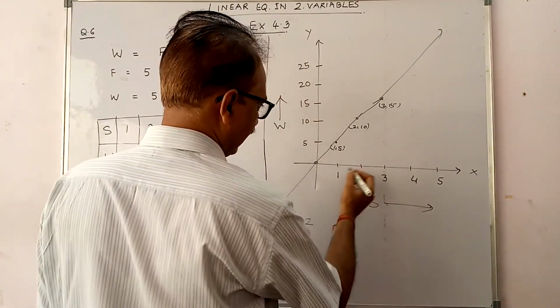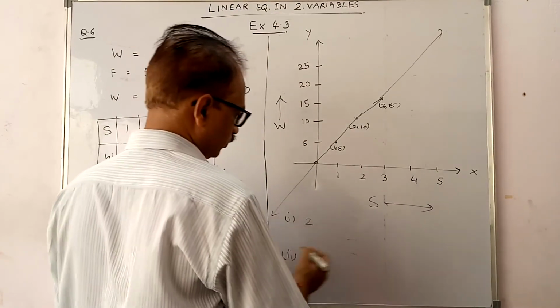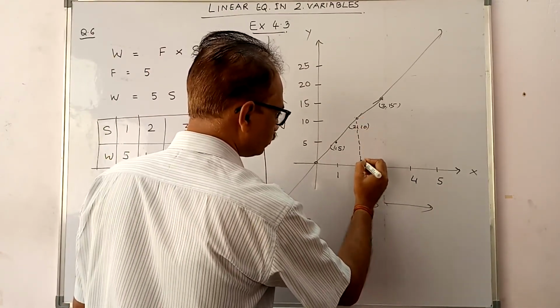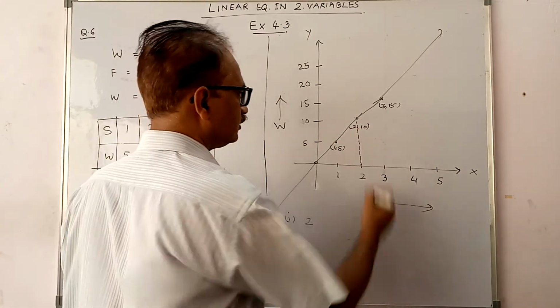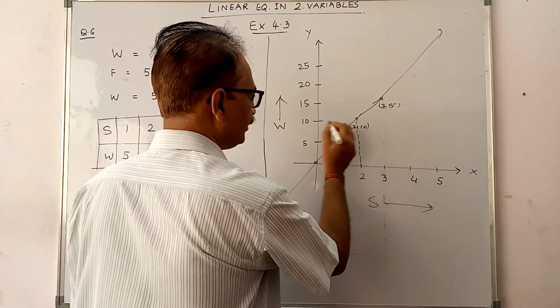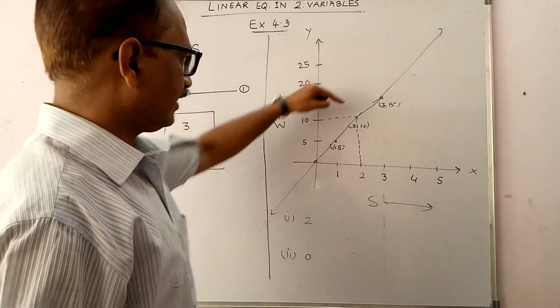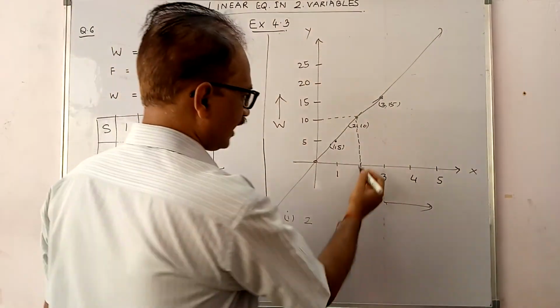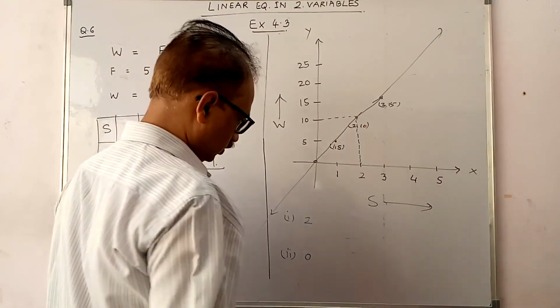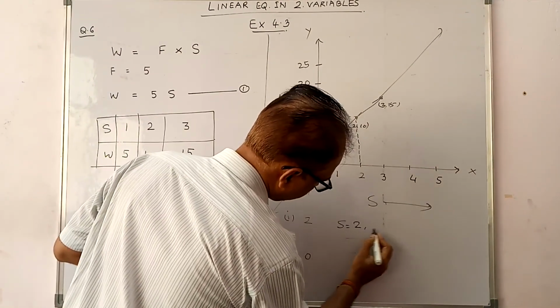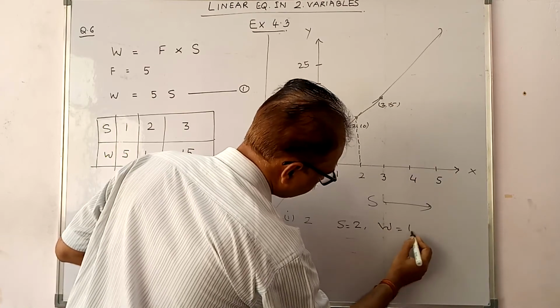The value of displacement is 2 units. 2 units is here. So from this point you drop a perpendicular on the graph, and from this point you drop another perpendicular right over here, wherever it cuts. So at 2 it is how much? 10. So at S equal to 2, W is equal to 10.